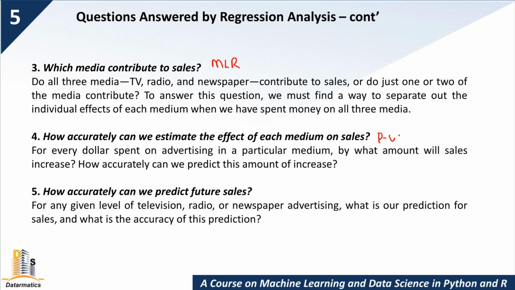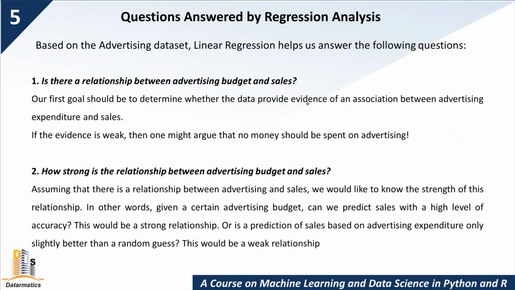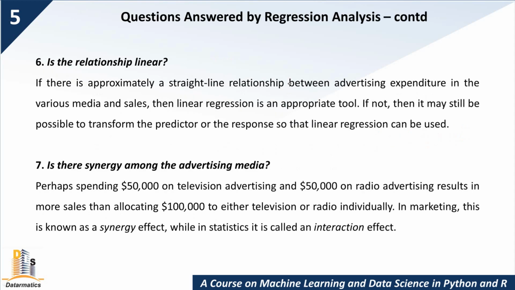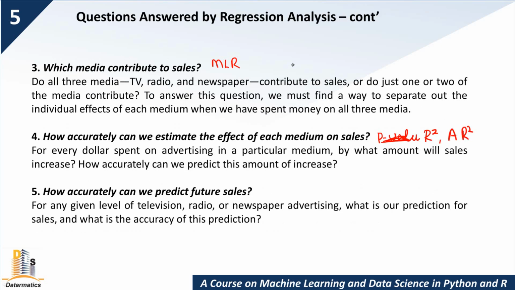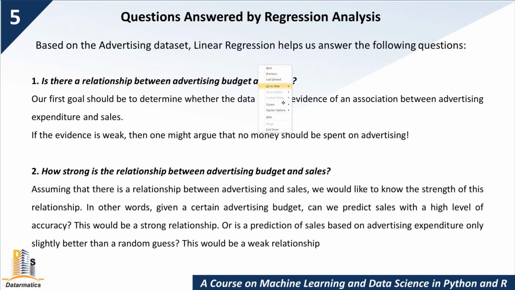p-value. If I'm not mistaken, no, this is not p-value. So here we'll be talking about r squared. So again, I'm going to just, I cannot undo this. So r squared and adjusted r squared. So permit me to go back. Is there a relationship? Here we are talking about, so whether there's a relationship that exists, we are talking about regression.